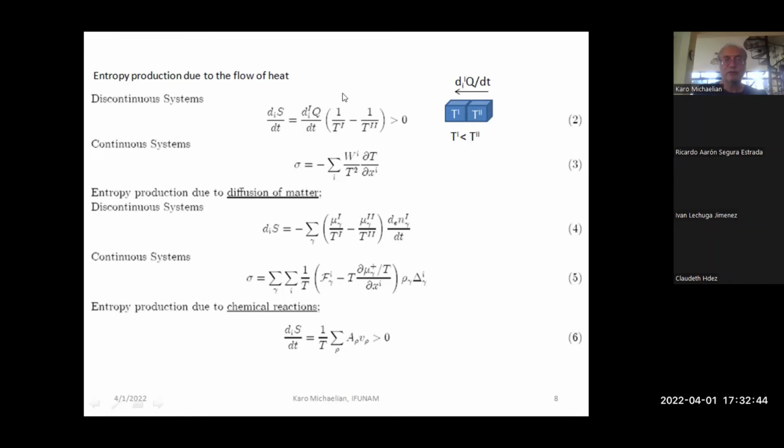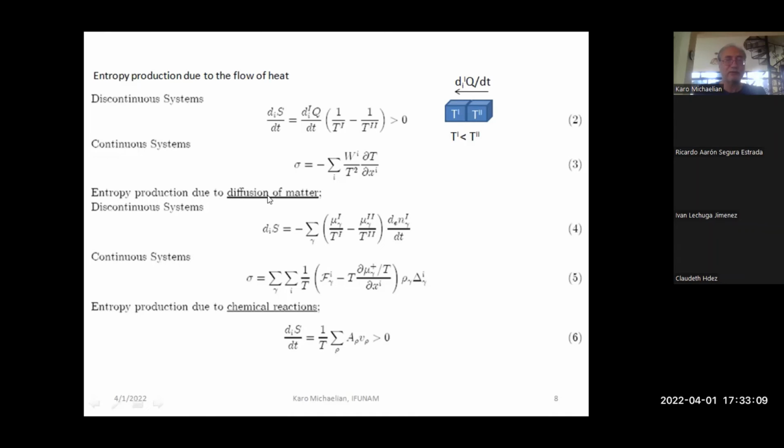The T squared comes in because this is the gradient of 1 over the temperature, and the gradient of 1 over the temperature gives you the gradient of temperature over T squared. We have a minus sign here to ensure that the flow of heat is always from the warmer to the colder system. So that was the entropy production due to the flow of heat.